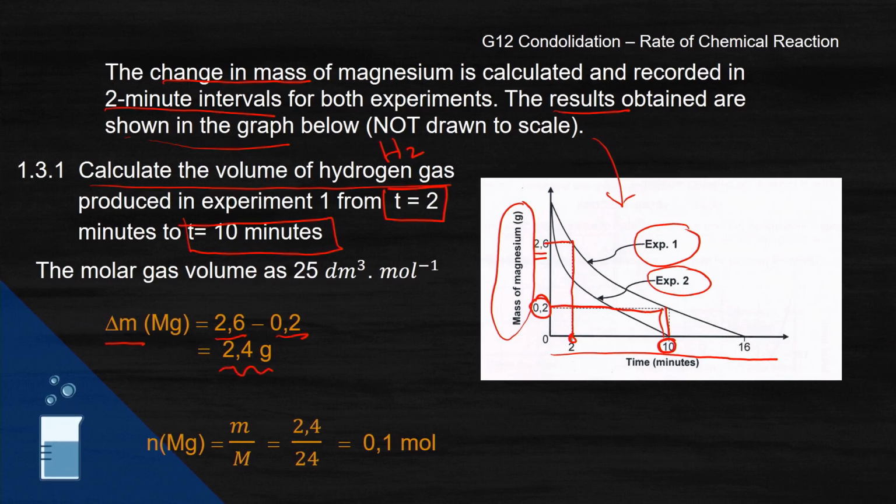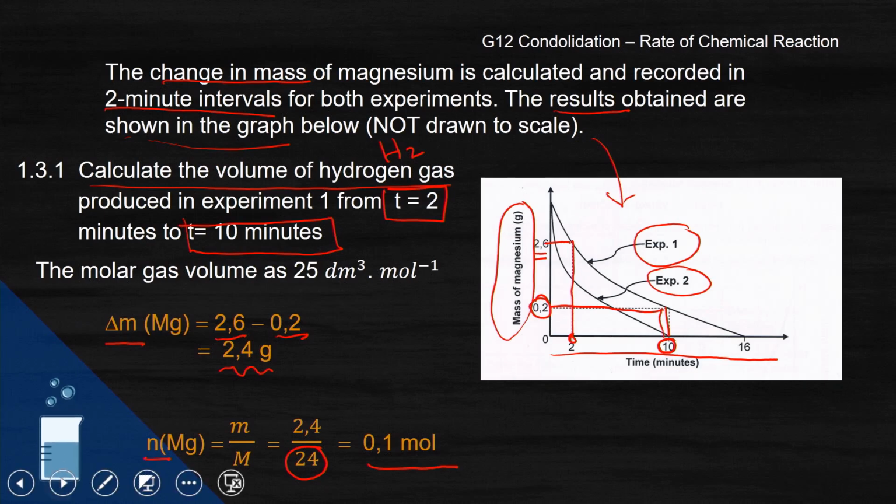That's the change in mass of magnesium. We pop that into a formula. n is equal to mass over molar mass. Because n is the number of moles, we need to get back to that. That's our common factor. So 2.4 over 24, that 24 comes from the periodic table. It is the molar mass of magnesium. Right, and that gives us an answer of 0.1 mole.